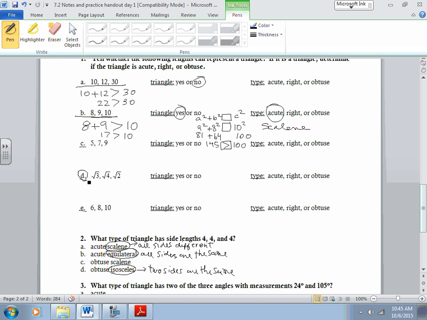I gotta highlight. I'll pass the highlighters in a second. Correct. So, not acute. If a squared plus b squared is less than c squared, right?